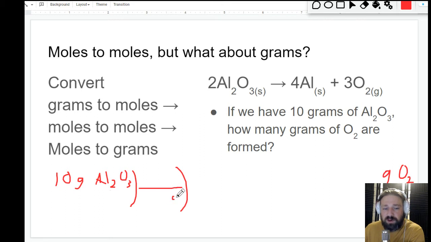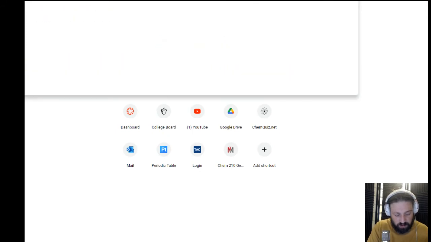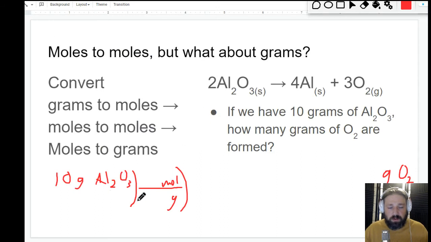And for that, we use moles, grams to moles. Now we need to think aluminum oxide. What is aluminum oxide's molecular weight? 101.96. So we know it's 101.96 grams per mole.